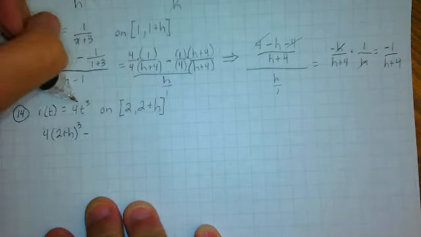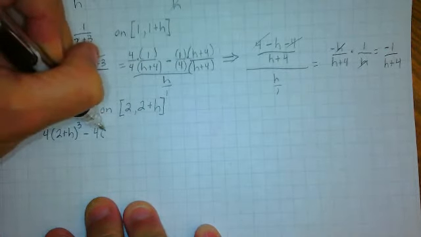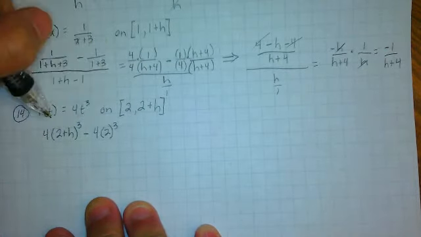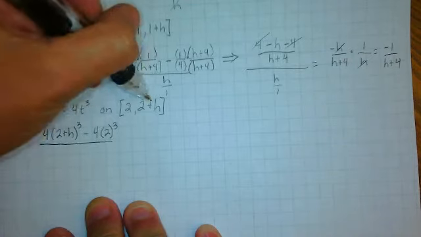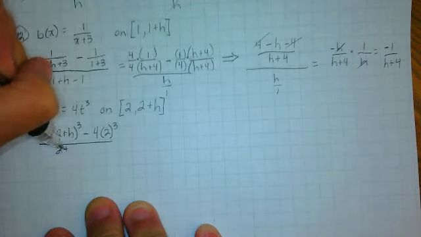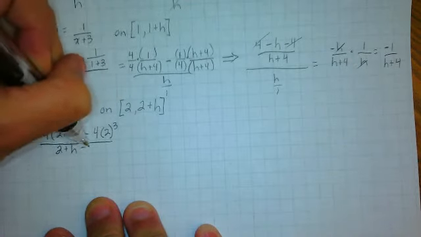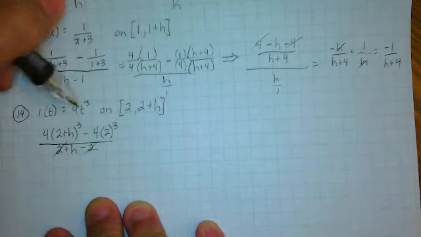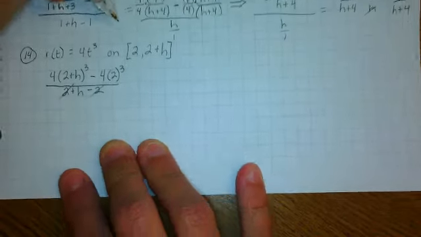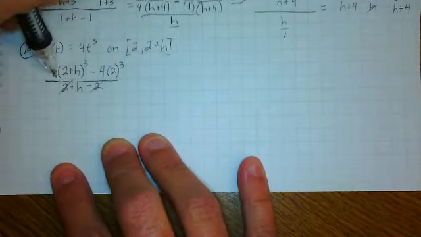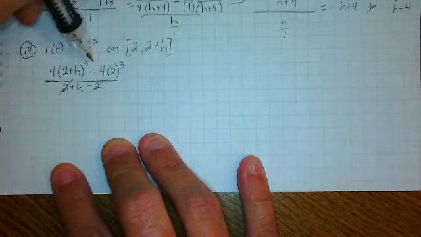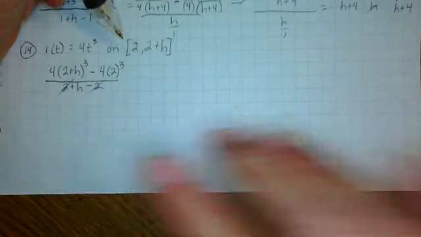Our second value goes into the function first. So 4 times 2 plus h cubed minus the first value put into the function, 4 times 2 cubed, over second value, 2 plus h, minus first value.